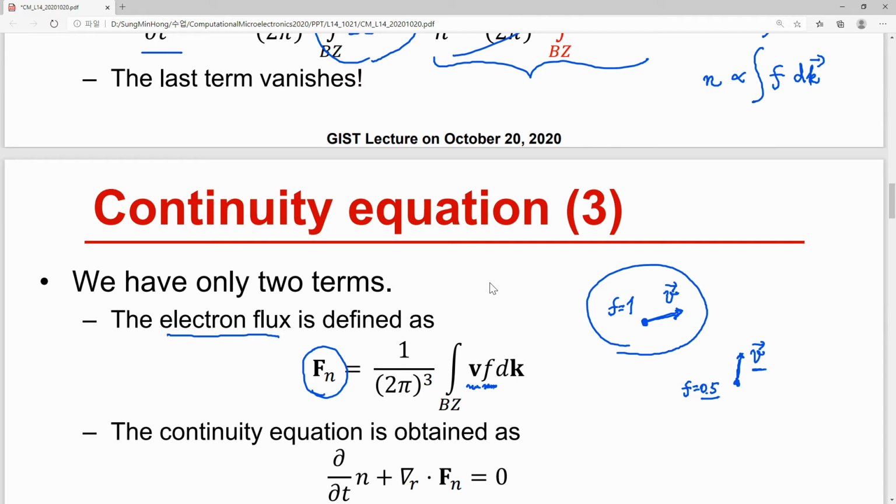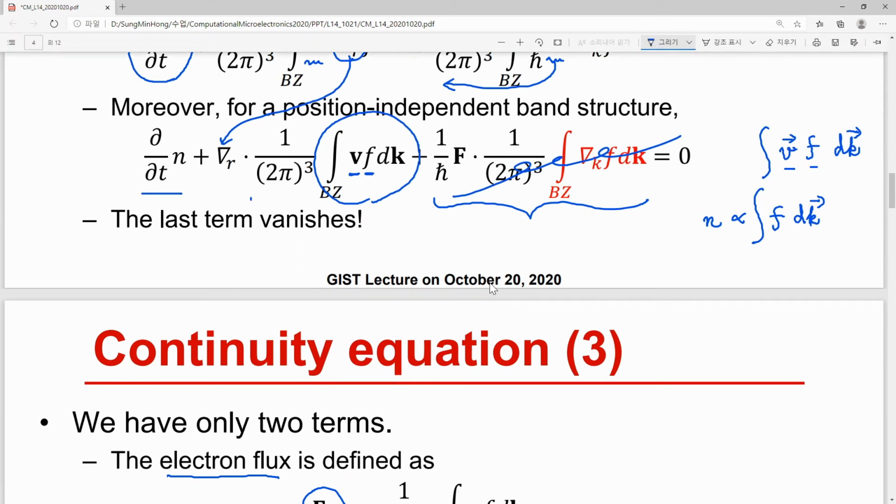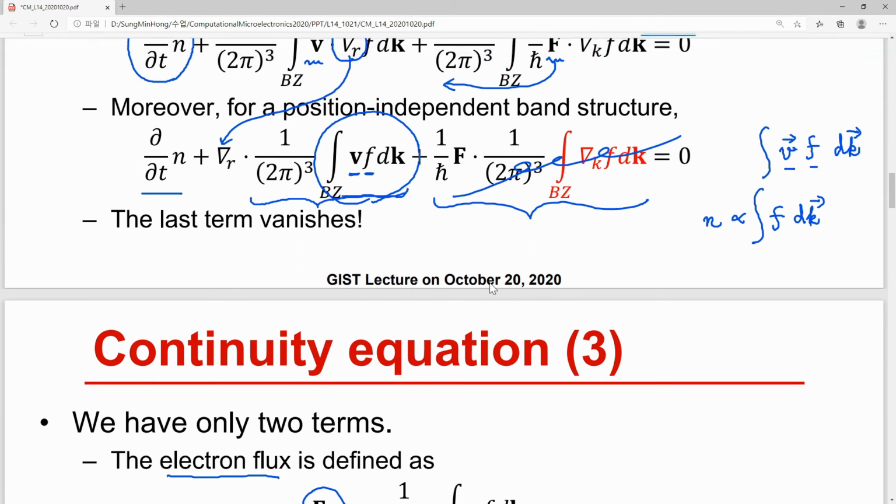So now we have the electron flux defined exactly in this way, and with this definition we can easily identify this part as corresponding to our electron flux.